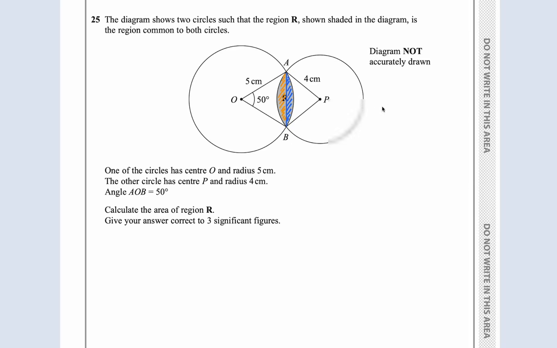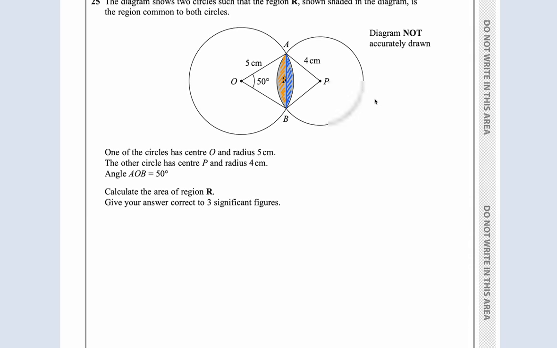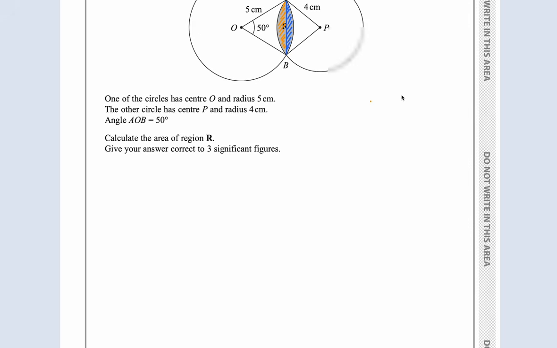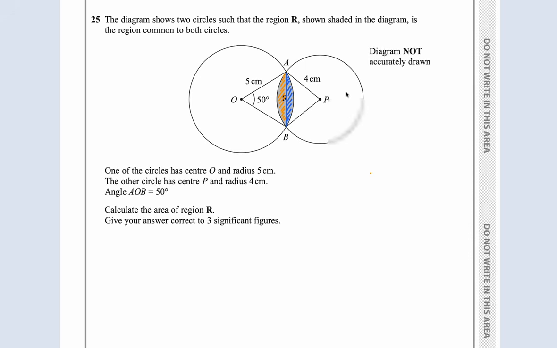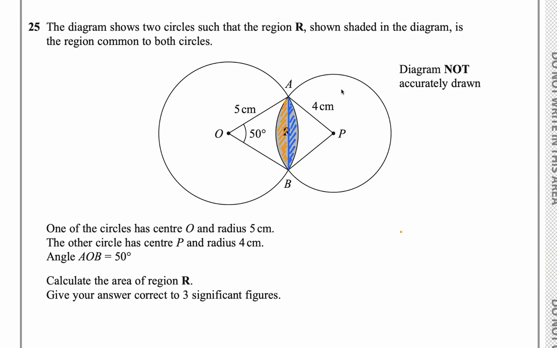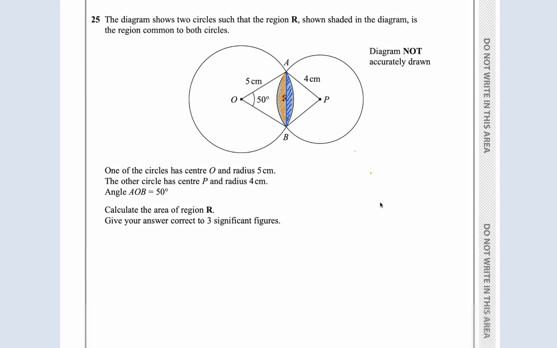Now, how do you get the area of a segment? To get the area of the segment, we get the area of the sector, and we subtract the area of the triangle. Let's look at the big one first.